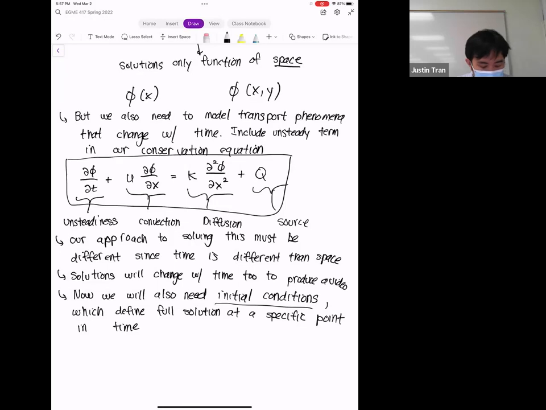All right. Any questions on any of this? Yeah. With respect to the solutions will change with time, is that also because the vectors have multiple variables? It's not the vectors that have multiple variables. It's just that our solution itself will change its value over time. I think it'll be more clear once we start doing some examples.